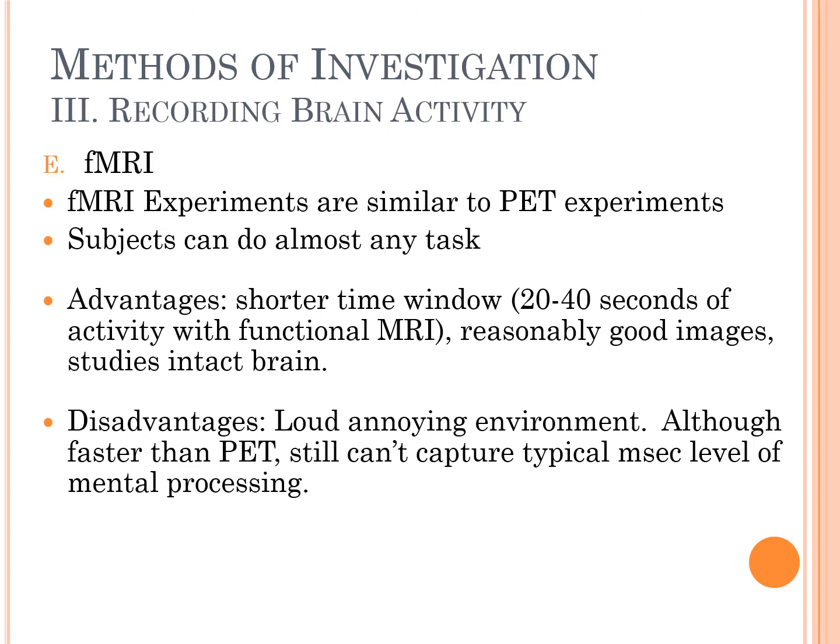The disadvantages are that loud, annoying environment, and even though it's faster than PET, we're still not capturing the millisecond-by-millisecond level of processing, that kind of temporal resolution, which we talked about with EEG and MEG earlier. They can do that, but they're not giving us this precision of exactly where in the brain that activity is coming from, because we're summing over thousands and thousands of neurons.